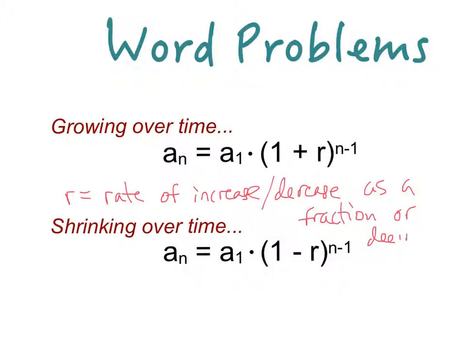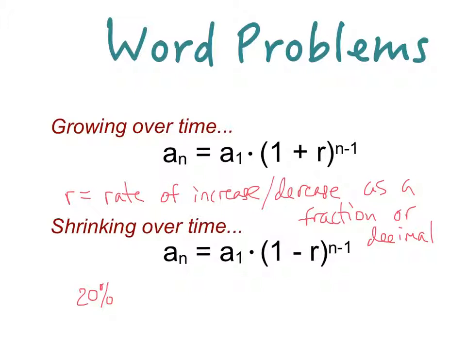For instance, a lot of problems will tell you that something is growing at a rate of 20% or decaying at a rate of 20%. What you can't do is plug 20 in for R. 20% you would need to plug in as the decimal version of 20%.